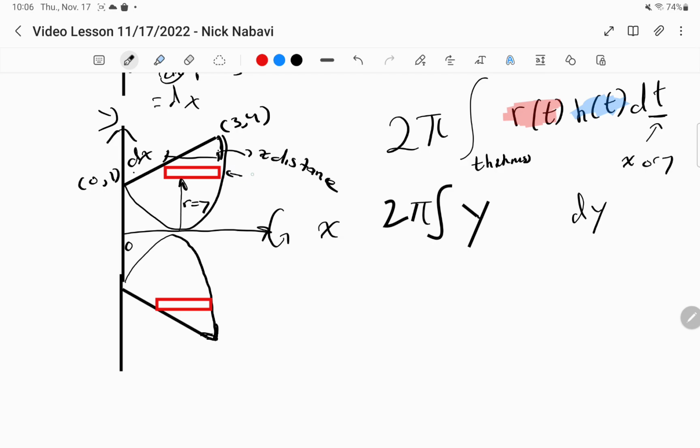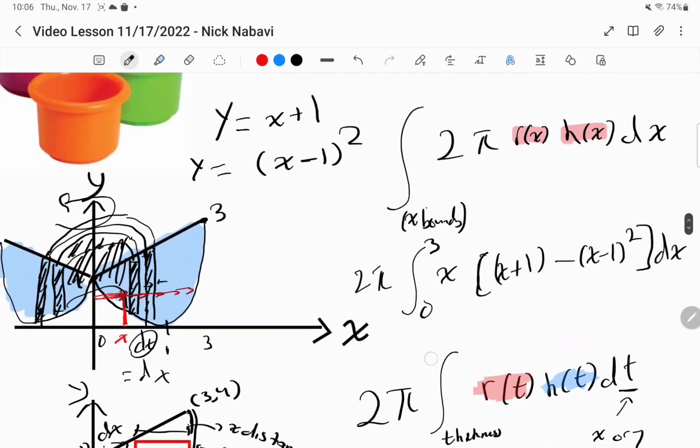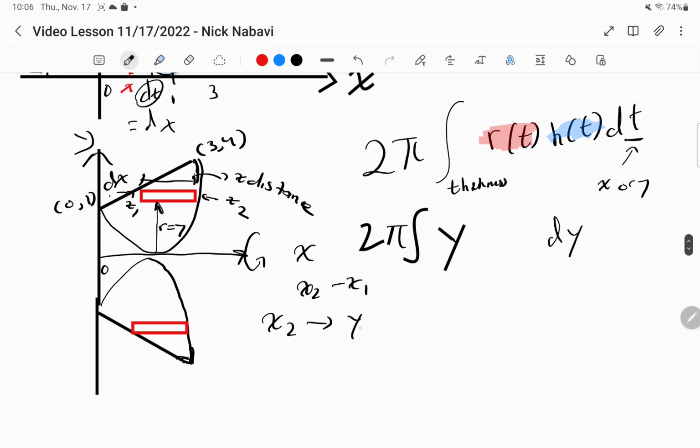So it's x at this point, let's call this x2, minus x at this point, let's call this x1. x2 minus x1, okay? x2 is on the curve y equals (x minus 1) squared, and x1 is on the curve y equals x plus 1.